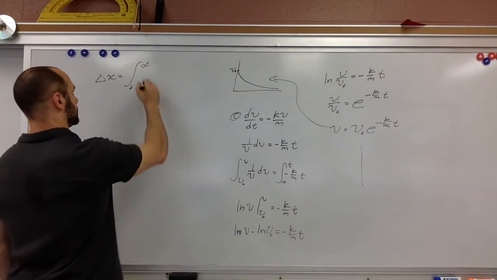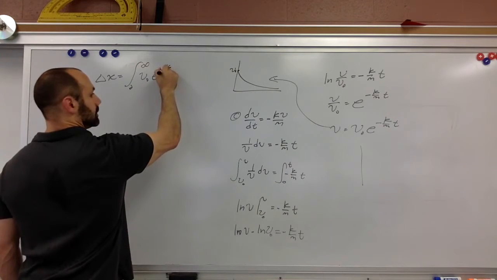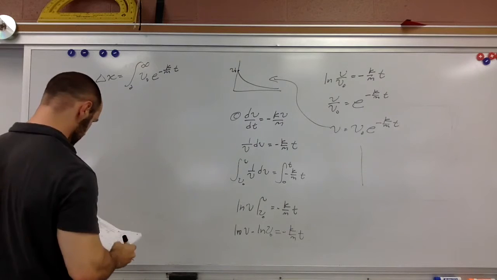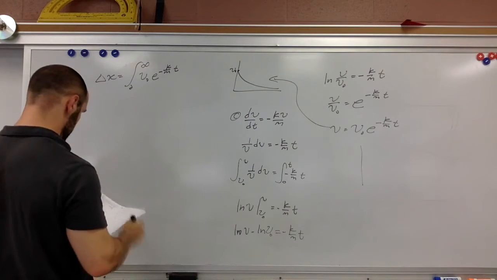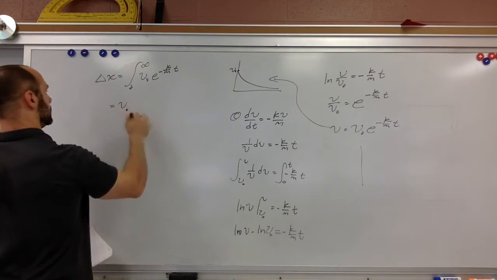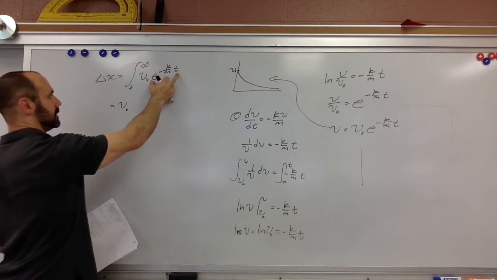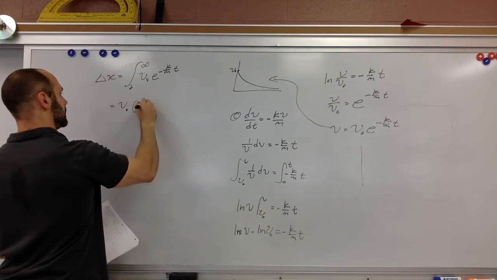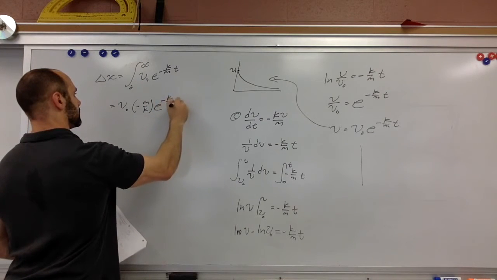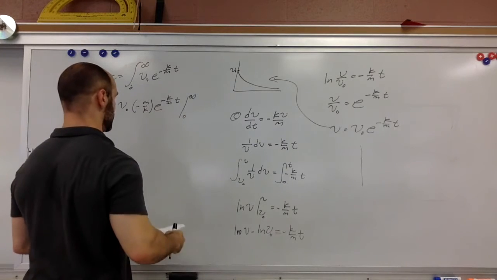So from 0 to infinity, v naught e to the negative k over m times t dt. I take the integral of this. In other words, the antiderivative is negative m over k e to the negative k over m times t, from 0 to infinity.